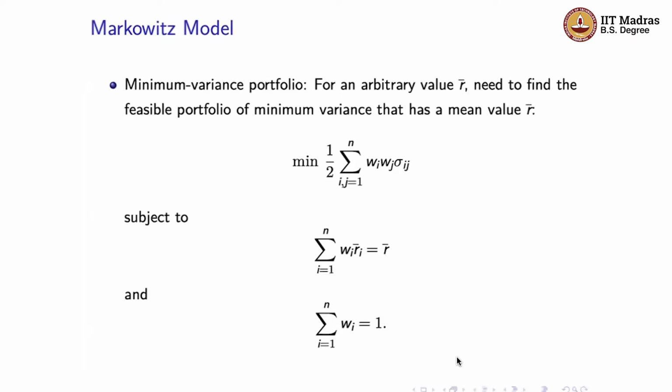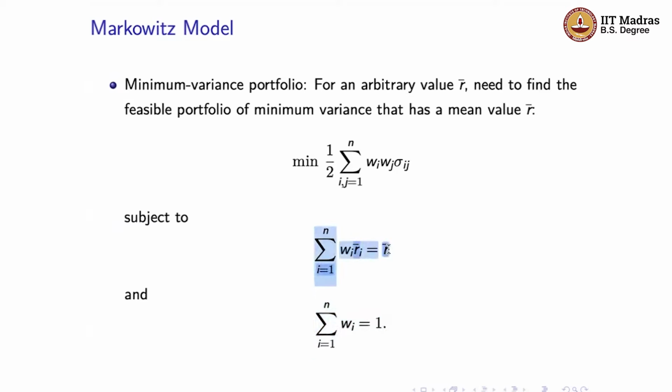So that's the idea. Let's see how in this mathematical formulation we have all of these criteria. First, we want to select a feasible portfolio. That gives us that the summation Wi equal to 1 has to be one of the constraints in our optimization problem. Secondly, we want the mean rate of return for this portfolio to be equal to R bar.